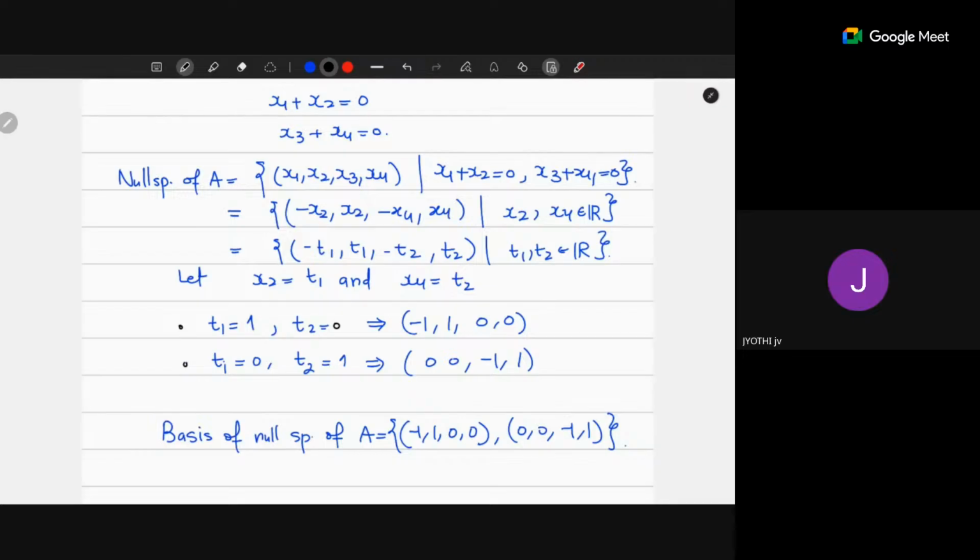So that combination will go on. For details, you can look at the slides of the notes. It's better to take 1, 0, 0 because then we always get a basis.